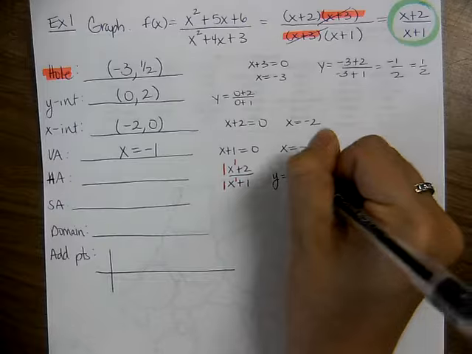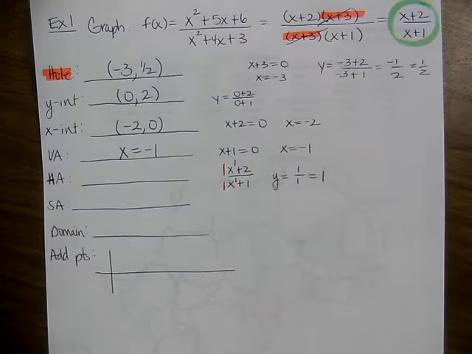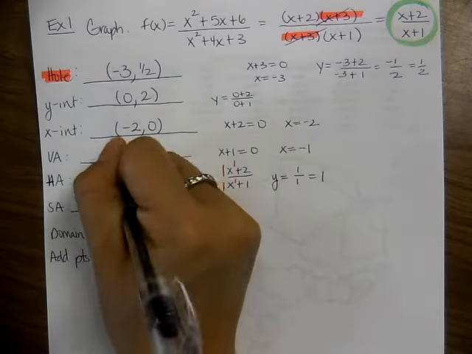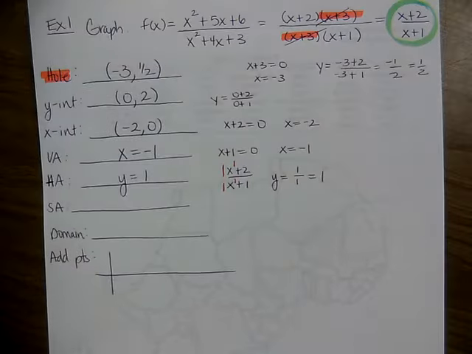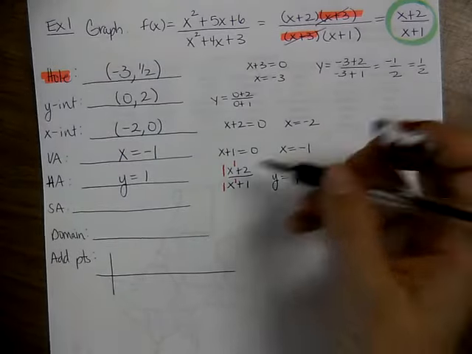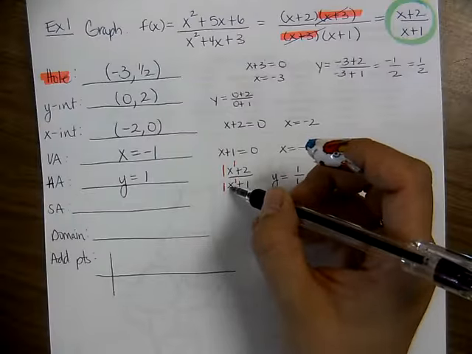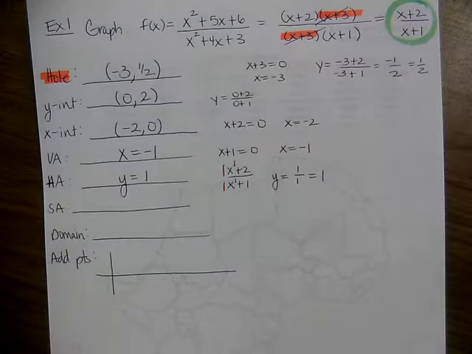So it's like I get y equals 1 over 1, which is just 1. So I have a horizontal asymptote at y equals 1. If this was like 2x over 3x, then I would have a horizontal asymptote at y equals 2/3. It's whatever the coefficients are in front of those terms.